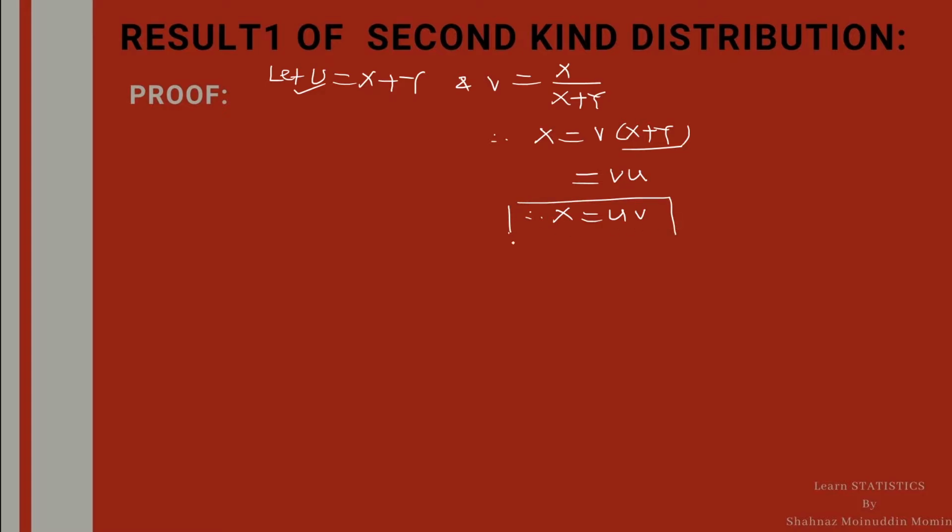I got one relation of x, in which x is expressed in terms of u and v. Now we will calculate the value of y from this expression. So here y is equal to u minus x, and it is u minus uv.